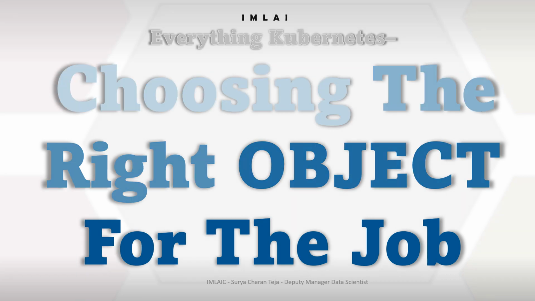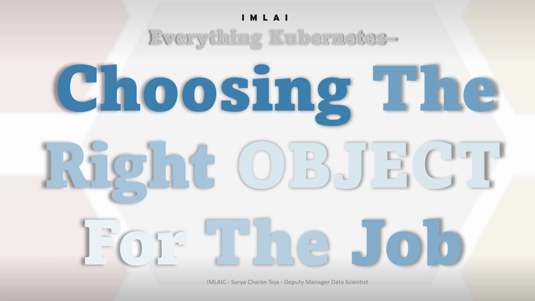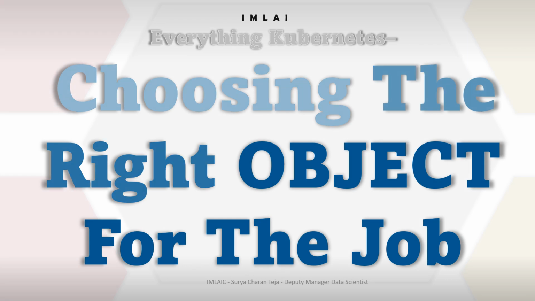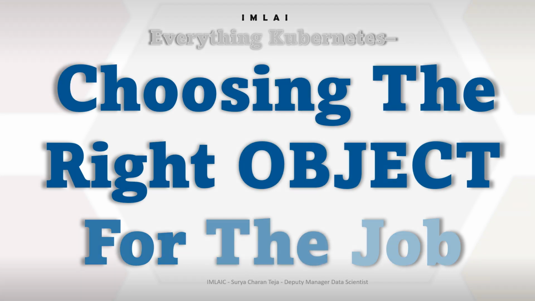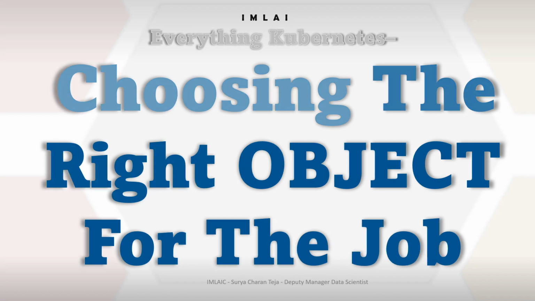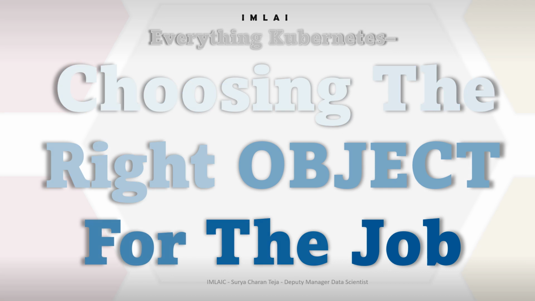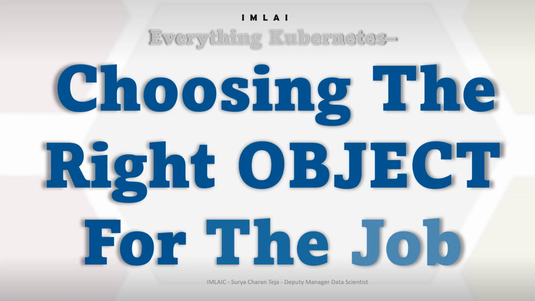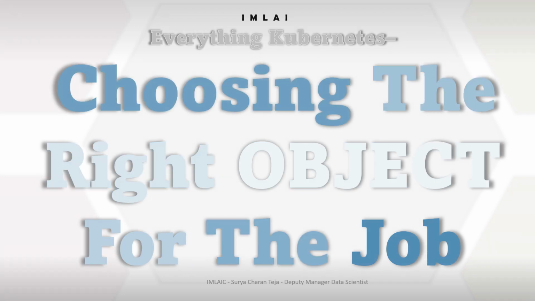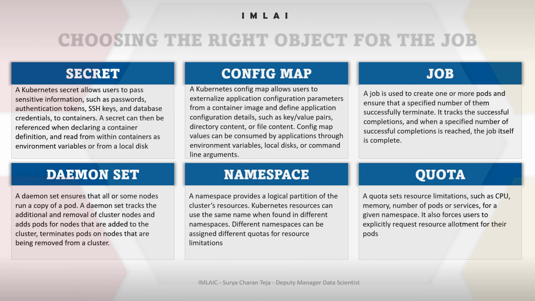So Kubernetes deployment is an alternative that enables completely declarative application deployment. You write in a definition file what you have to do, that's all, the rest will fall in place. The deployment object is going to look after all the rest of the things. So now we will choose the right object for the right job.